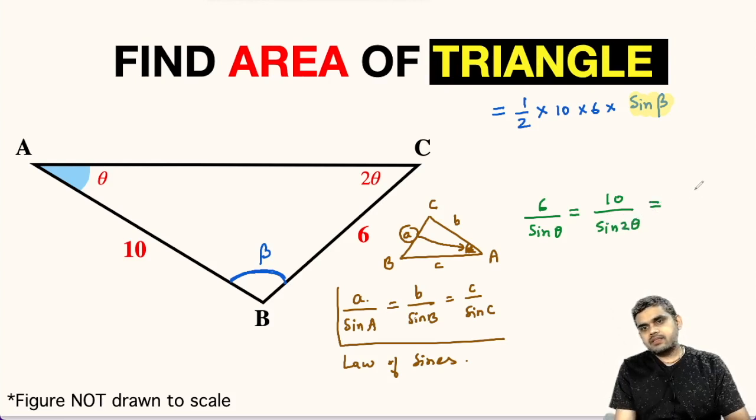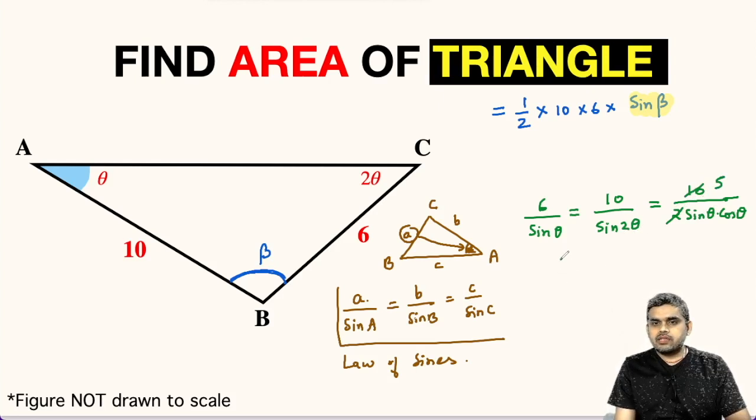This can be further written as 10 divided by 2 times sine theta cos theta. We can cancel this, so this will be 5. So here we will get 6 upon sine theta is equal to 5 upon sine theta cos theta.